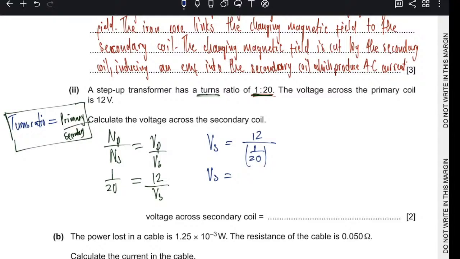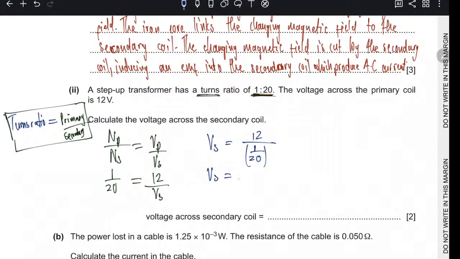Please tell me in the chat, students. So you get 240 volts.